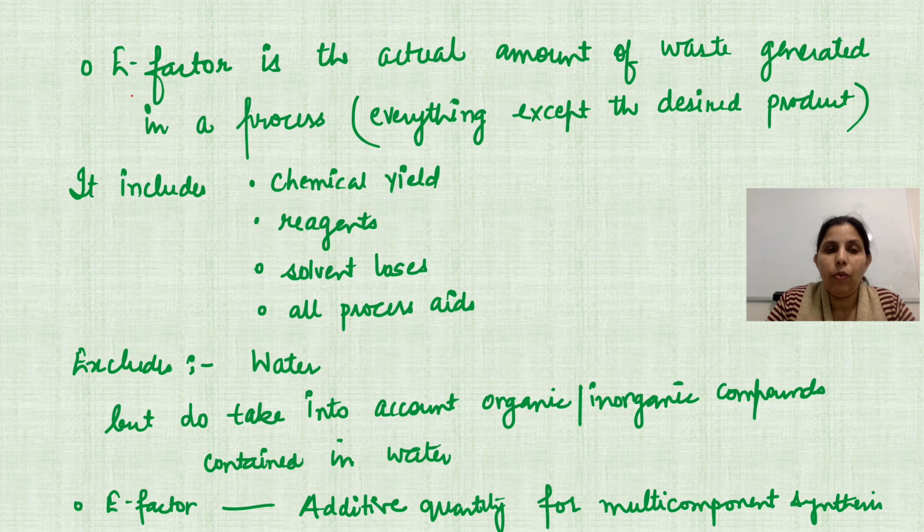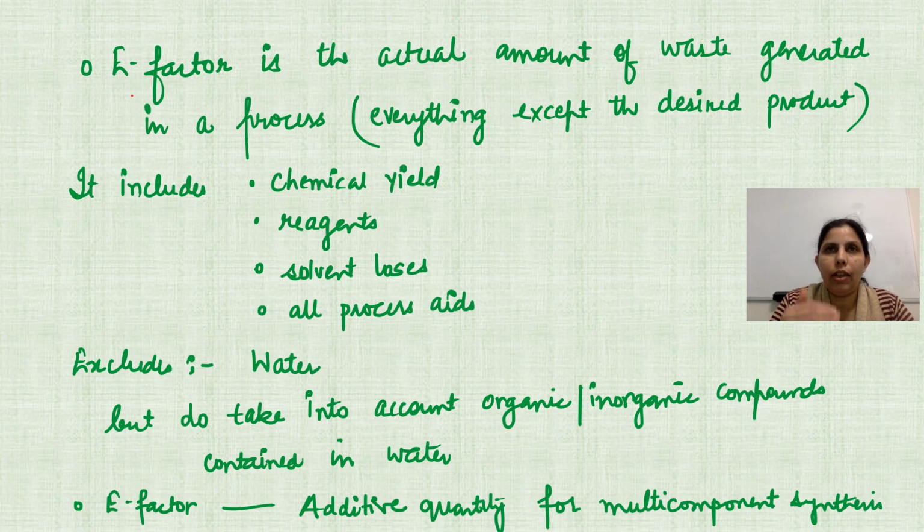But we do take into account the organic or inorganic compounds which are dissolved in water. So we don't include water, but whatsoever is dissolved in it, we do include in the waste while calculating the E-factor. E-factor is treated as an additive quantity for multi-component reactions.